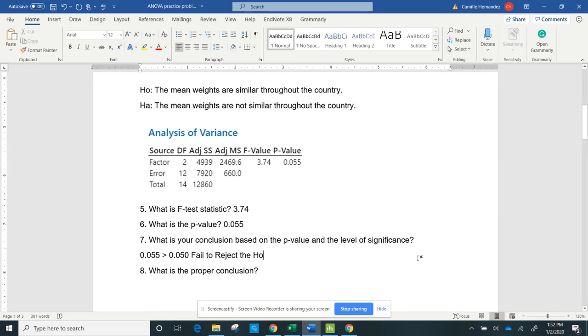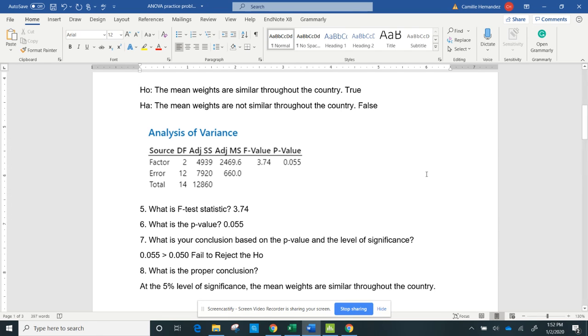Okay, so what's my proper conclusion? So if I fail to reject my null, that means this is true and this is false. So at the 5% level of significance, the mean weights are similar throughout the country.